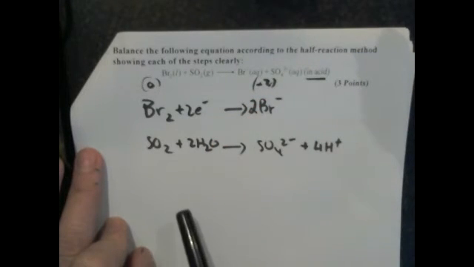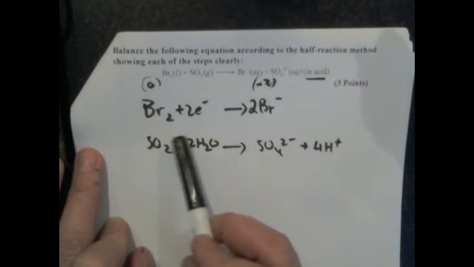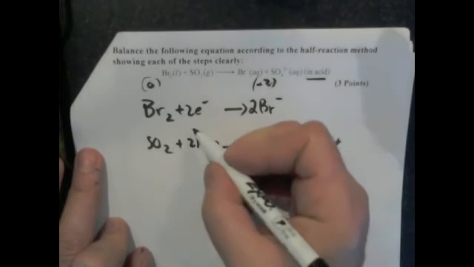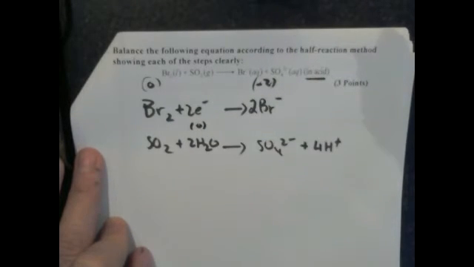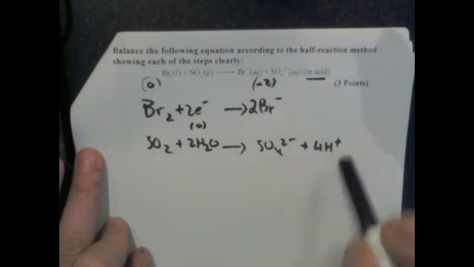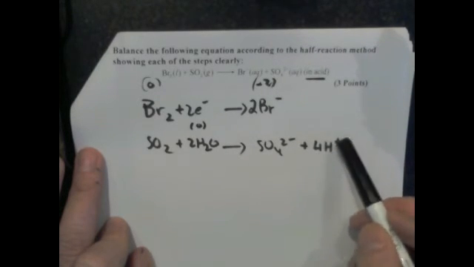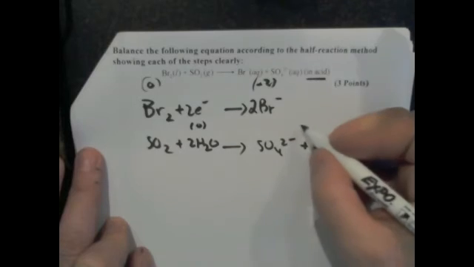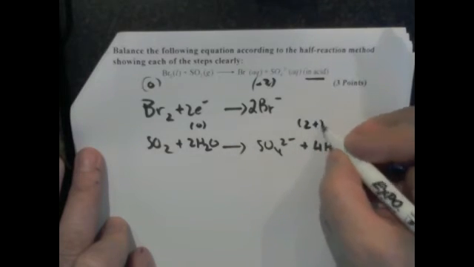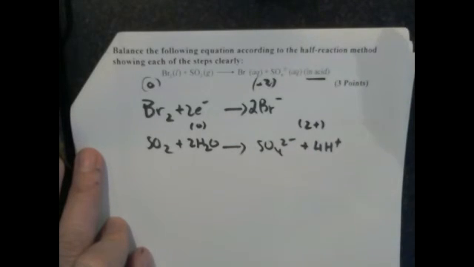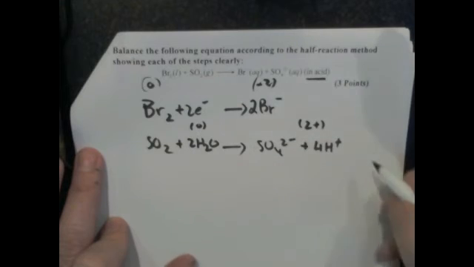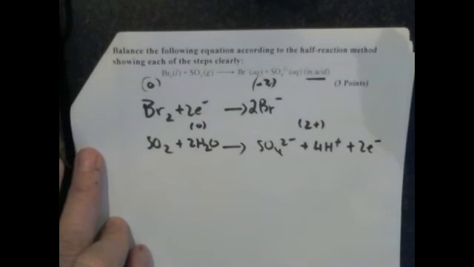Now over here, I've got no charges, so total charge on that side is 0. And then over here, I've got a 2- there, and then I've got 4 1+ over here. So my total charge over here is 2+. So I have to get my 2+ back to 0 because I always add electrons to my more positive side. So I need 2 electrons over there.